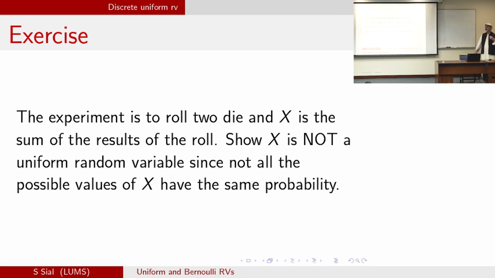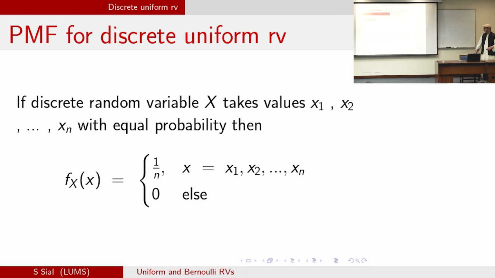Right, so the probability of a 2 is different from the probability of a 7. Rolling a 7 is more likely, has a higher probability than rolling a 2 or a 12.